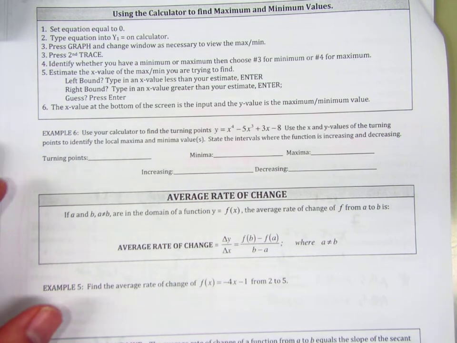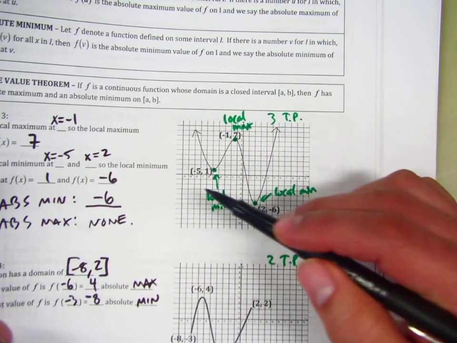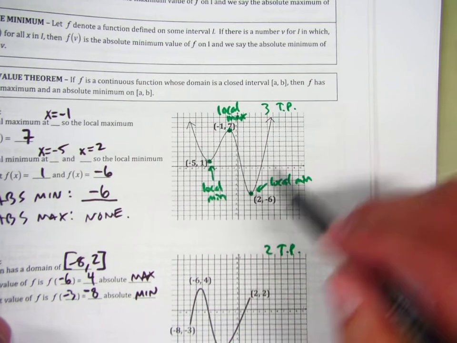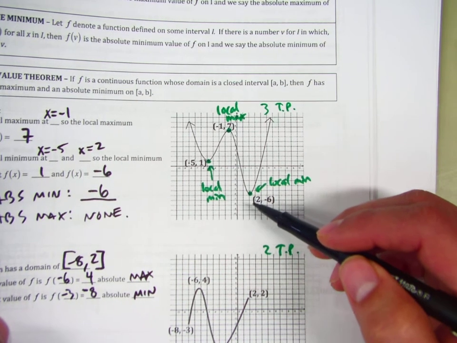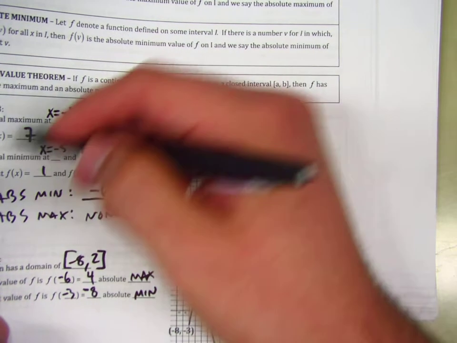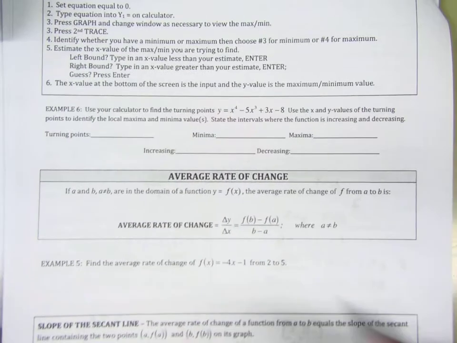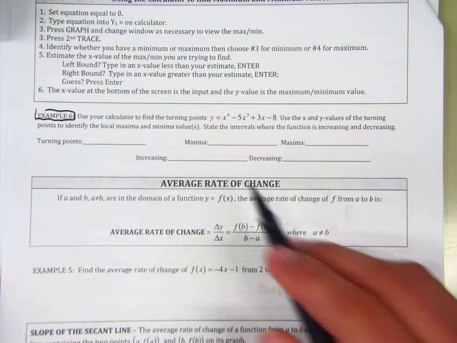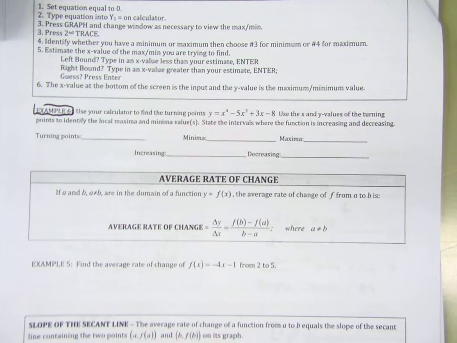And so this is just going to be a way to show you, if you actually go ahead and graph in the y equals menu and you get a function like this, we're going to go through the process on the calculator where we can actually find these coordinates. Once we know what those coordinates are, then we can answer all the questions they ask us, like min, increasing, decreasing, and all that stuff. Okay? So first, if you look at example 6, go ahead and type that function into the y equals menu.